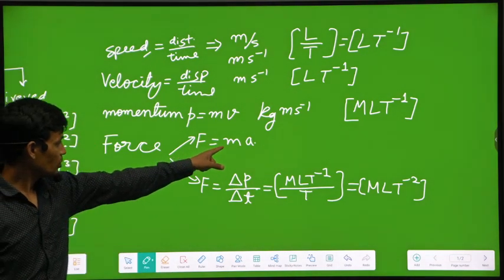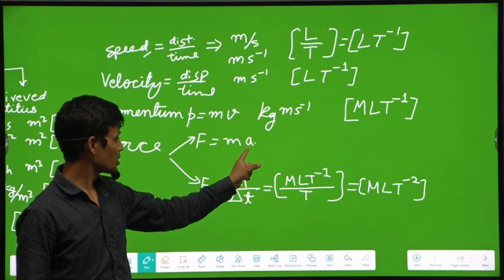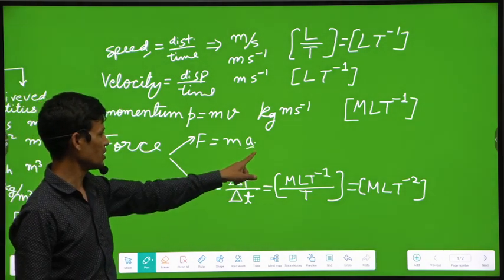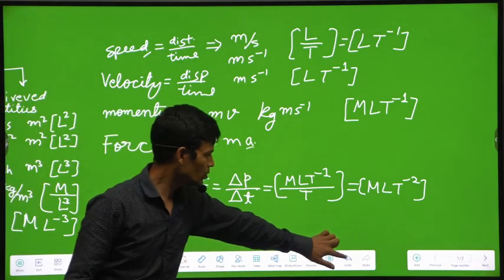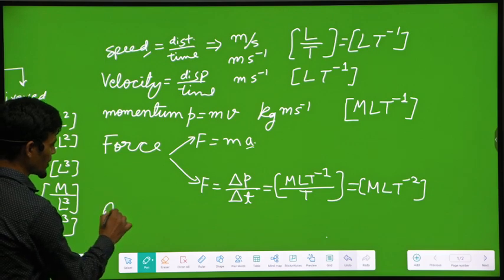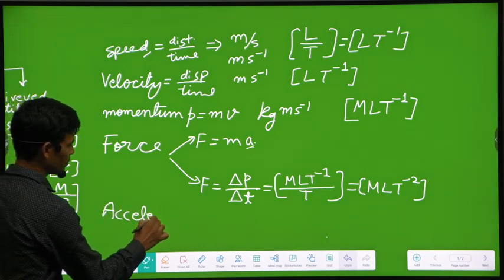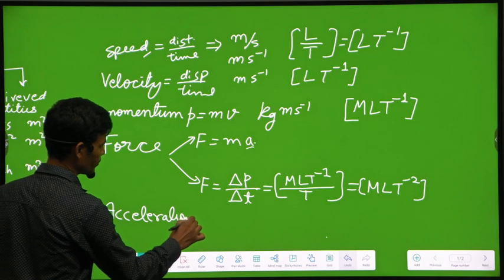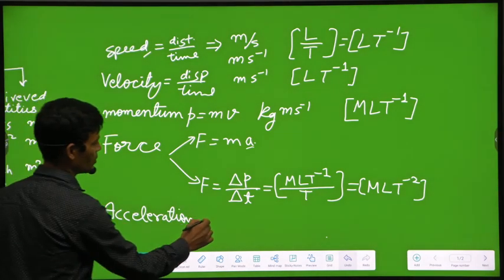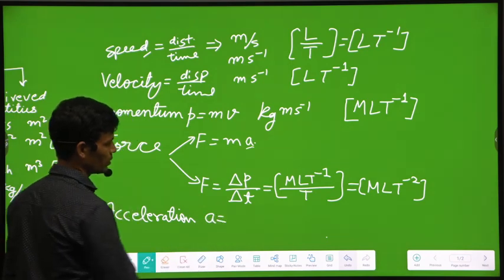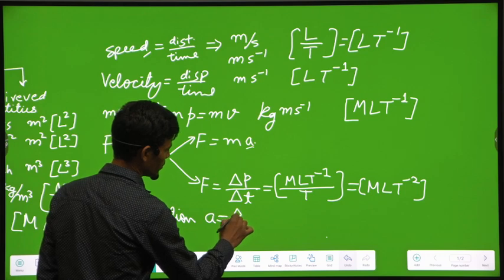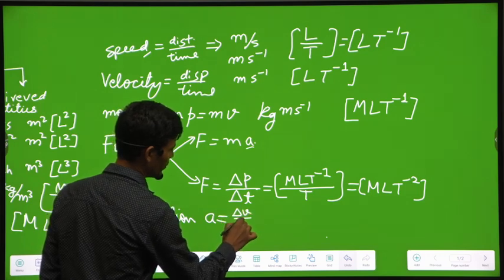Why haven't I told you about F equal to ma? Because we have to understand acceleration. We have to find its dimension. So first we will find dimension of acceleration. So acceleration, as we know, is change in velocity divided by time.